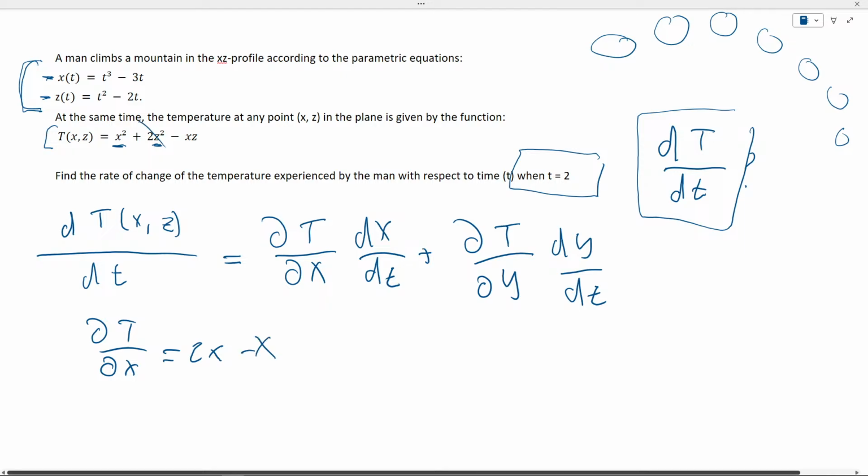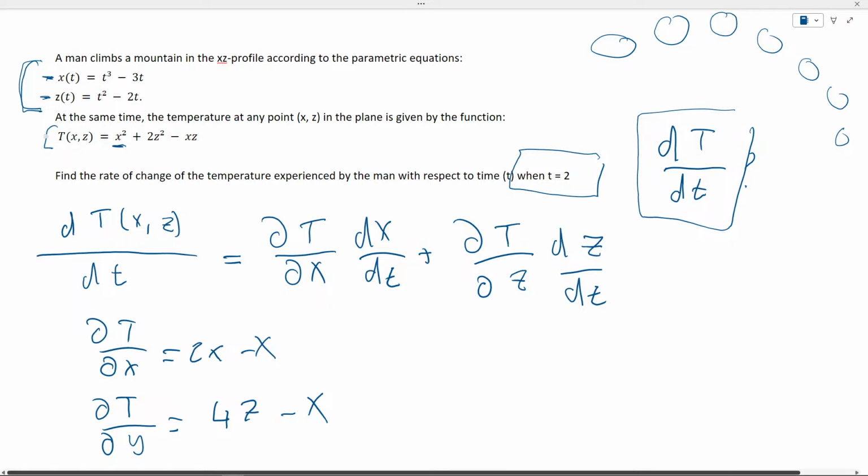Then partial t with respect to partial z, sorry, there's no y here, it's all z. So that would be 4z minus x, because this is a constant.